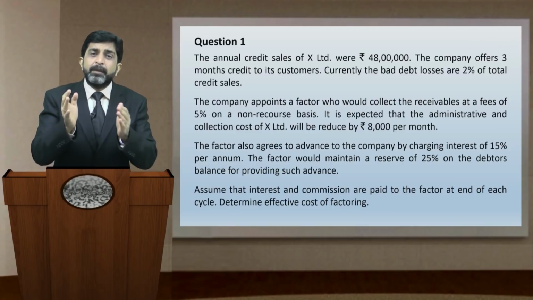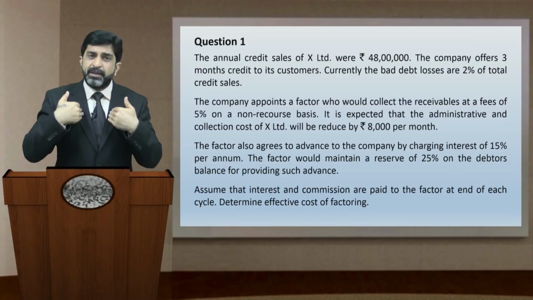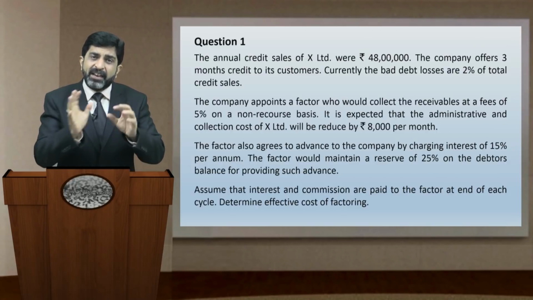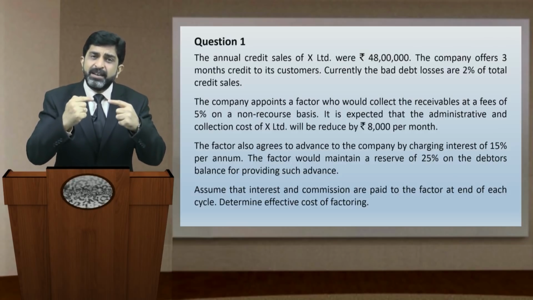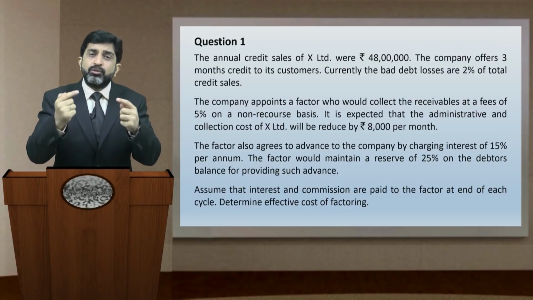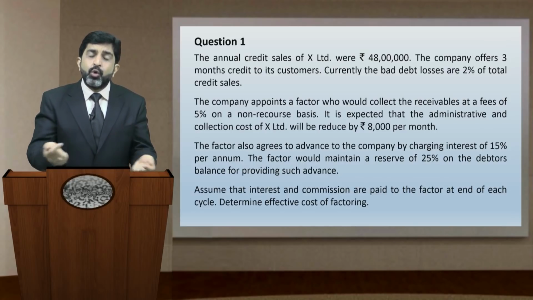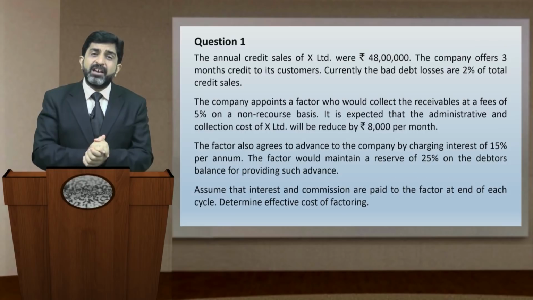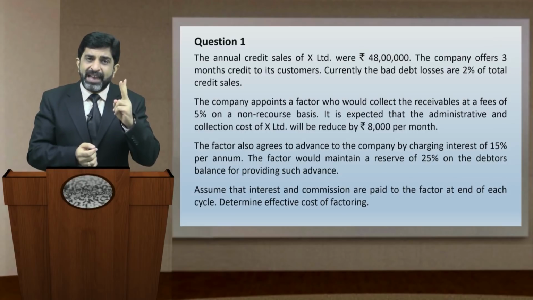Non-recourse basis means the factor is going to bear the loss of bad debts. So, from the company's viewpoint, if this factoring arrangement is undertaken, there will be savings in bad debts and also savings in the administrative and collection charges which the company is currently incurring on its own. So, friends, you would make two typical calculations.